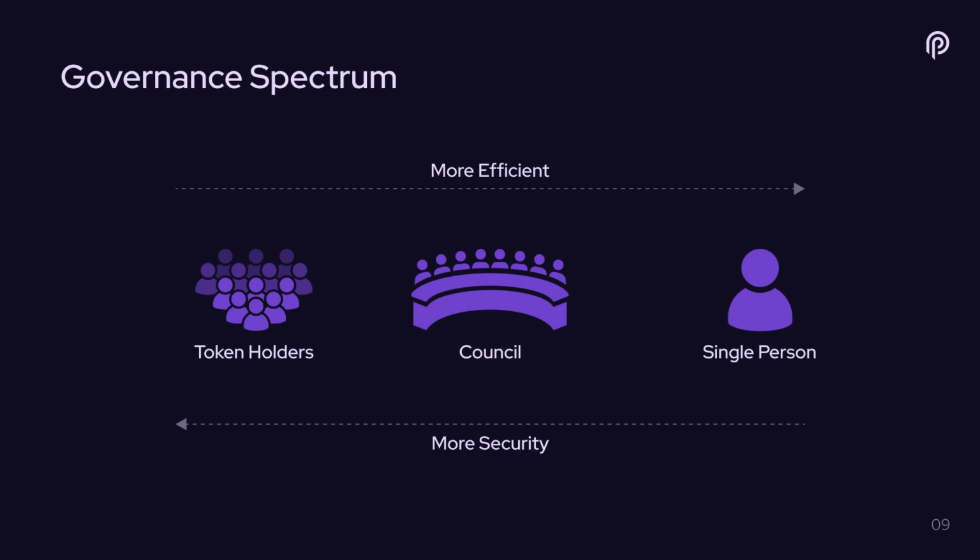So what I'm going to propose we do is we create a couple of different councils and we delegate specific powers to those councils. And what's cool about the councils is that you can adjust where they live on this trade-off based on how many members are in the council, what the threshold for approval is and things like that. So you have some configurable parameters here that you can use to get the right trade-off.